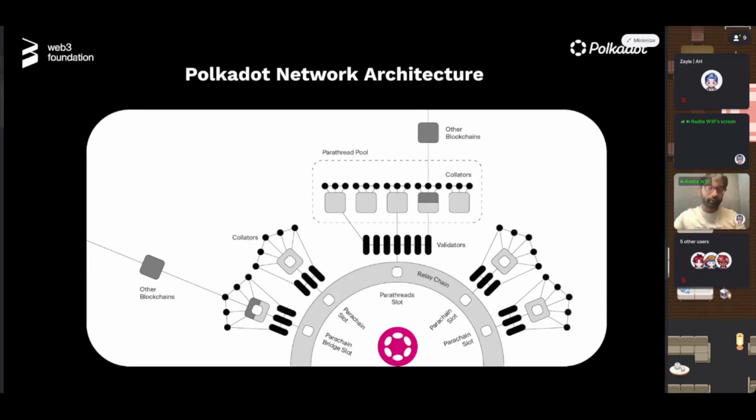They download the state transition logic, the runtime of that parachain, and then they check whether the transactions are following the state transition function. And only then do they finalize that parachain block. And when this validator gets swapped and assigned to another parachain, they'll download that parachain's runtime code.